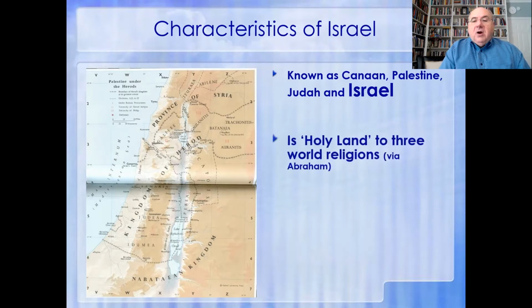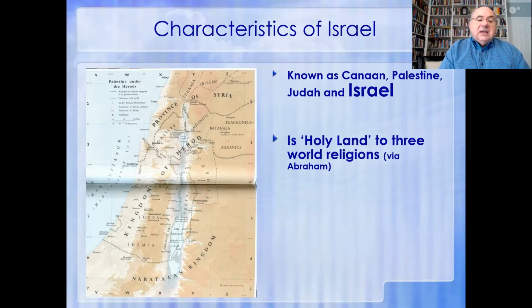And we know from our overview of the Old Testament that this is Holy Land to three world religions, and that's primarily through Abraham. Of course, Abraham, the covenant people, the Jewish people, it is through Abraham's line that we have the Arab people through Ishmael.